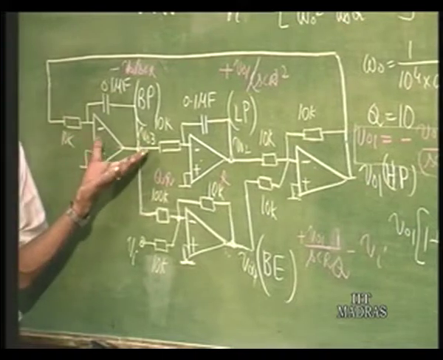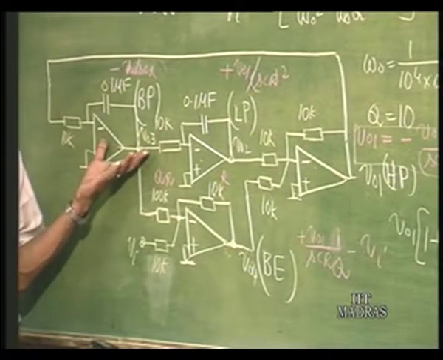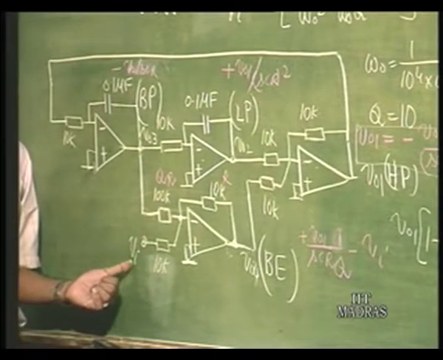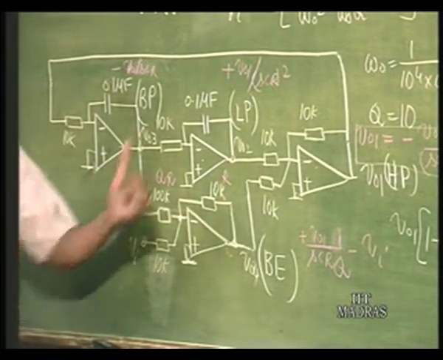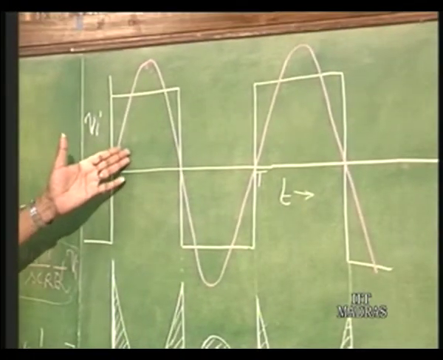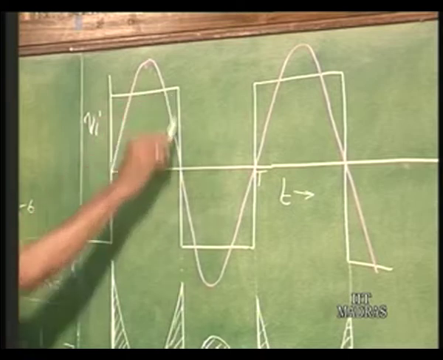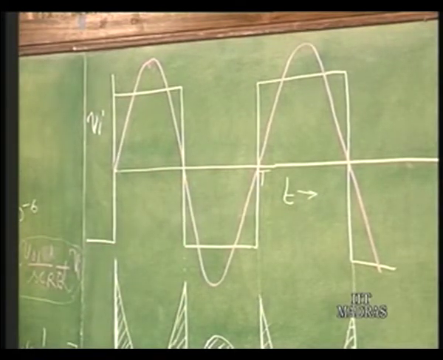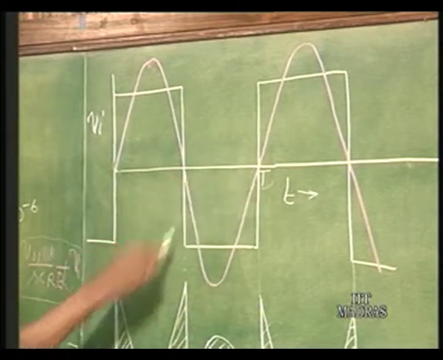Very nice demonstration of what exactly happens in this circuit can be given by feeding Vi as a square wave. So, that is depicted here. This is the square wave at a certain frequency, omega, determined by the time period here.